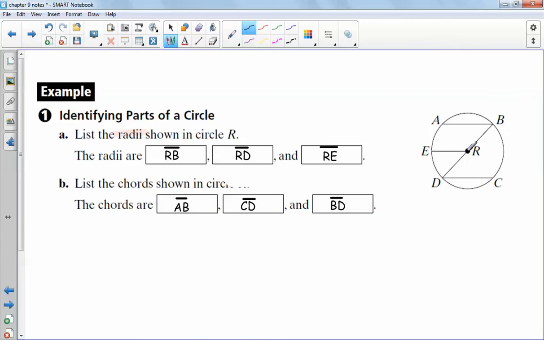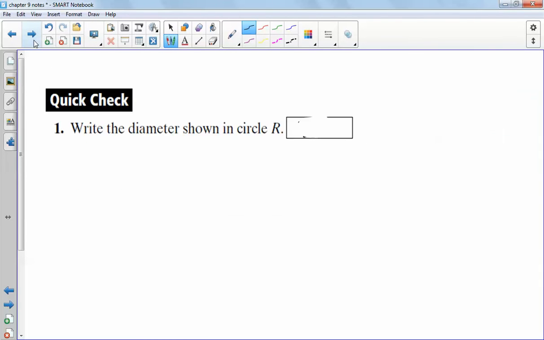All of those are radii that are identified here. Chords, so again, the chord does not go through the middle, so we have AB, we have CD, and we have BD. And those are our radii and chords.